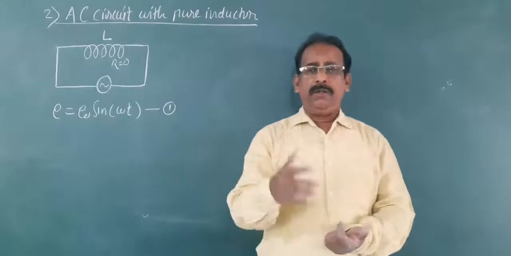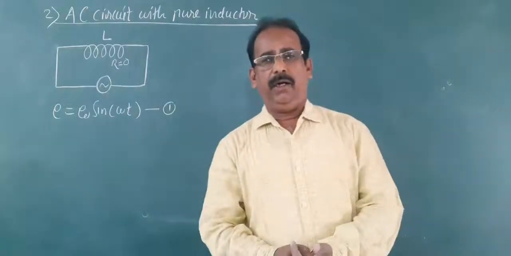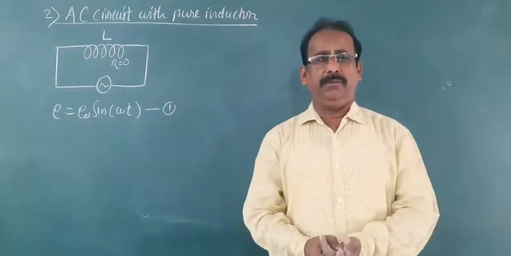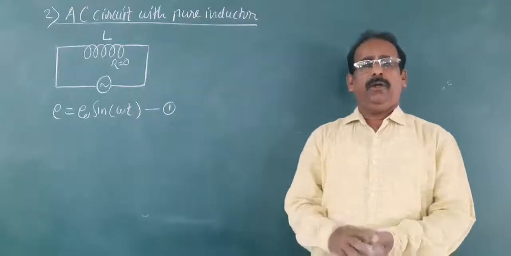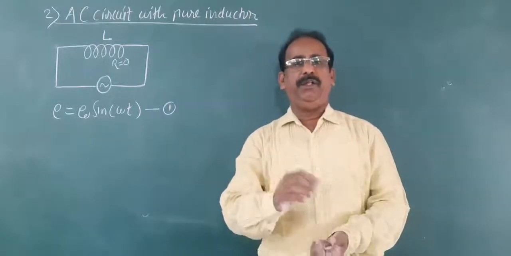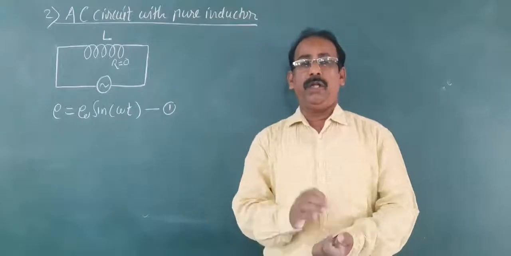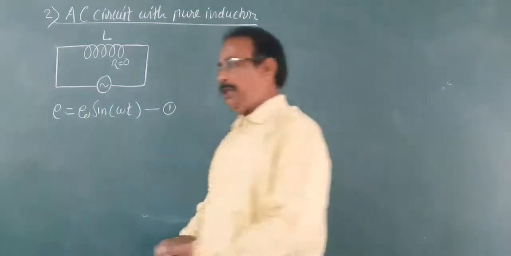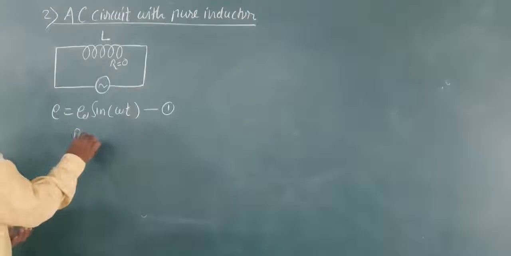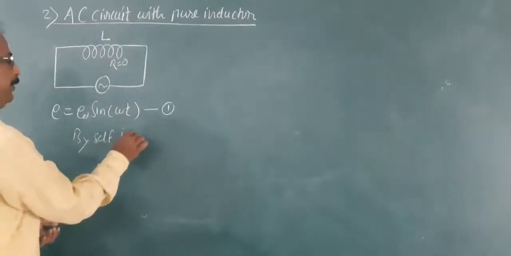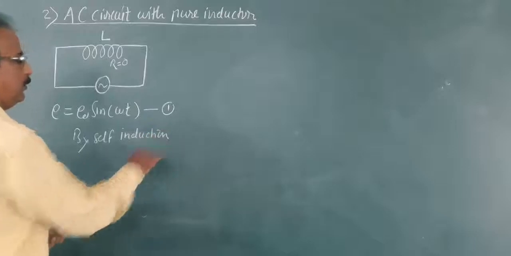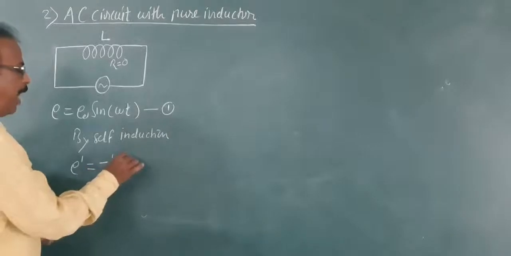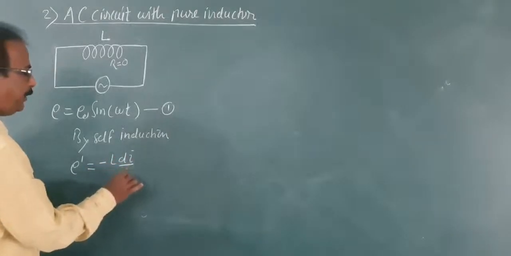Whenever alternating current passes through the inductor, when the current passing through the inductor changes with time, we have studied that in that inductor, EMF is induced. This induced EMF, by the phenomenon of self-induction, we can write as equal to minus L times di by dt.